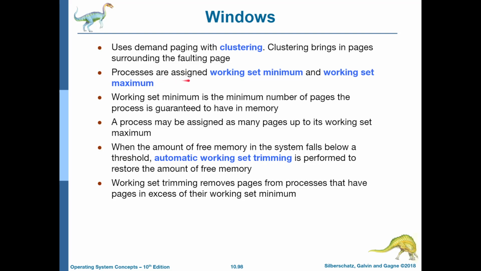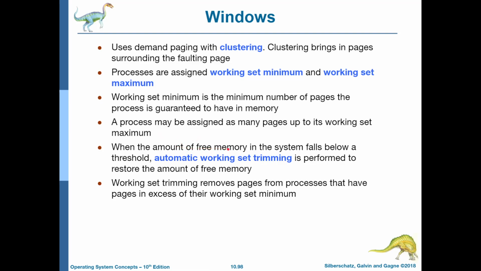We also have processes that are assigned working set minimum and working set maximum values, where these are the number of pages that a process is guaranteed to have in memory. So a process may be assigned as many pages as its working set maximum.